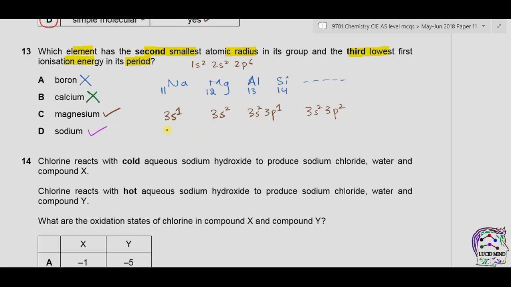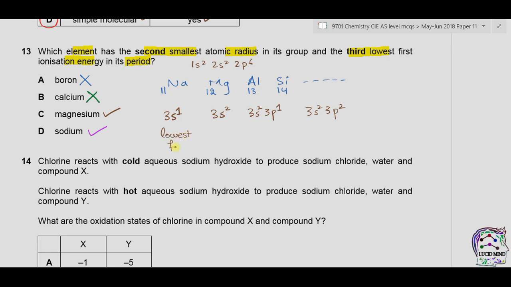As a general trend, when atomic number increases, the ionization energy also increases, as long as the electrons remain in the same shell. As in period 3 the number of shells does not change, overall ionization energy will increase. So sodium has the lowest first ionization energy.